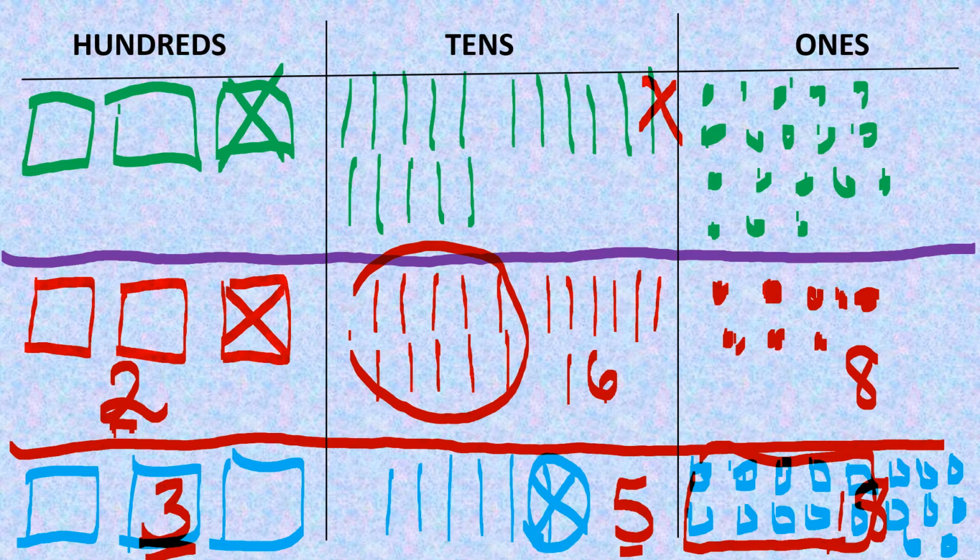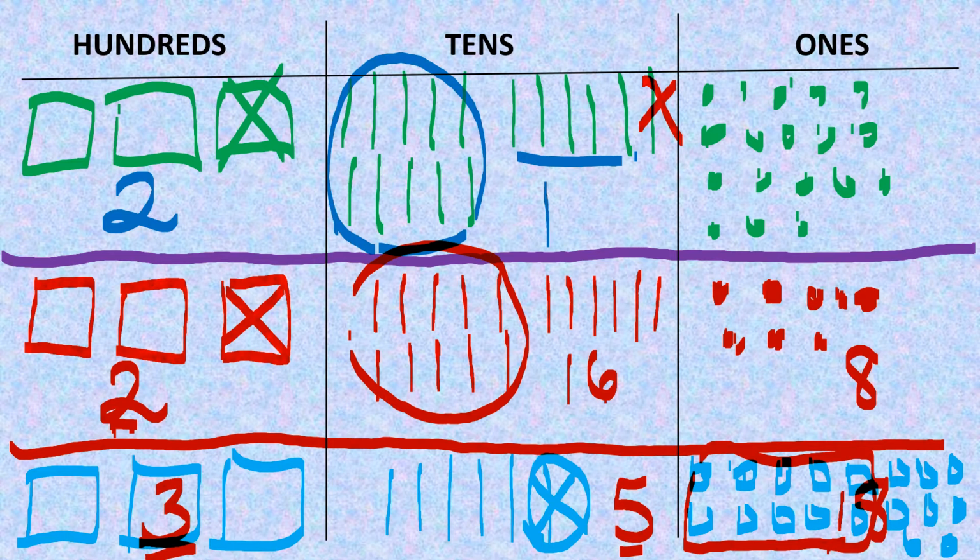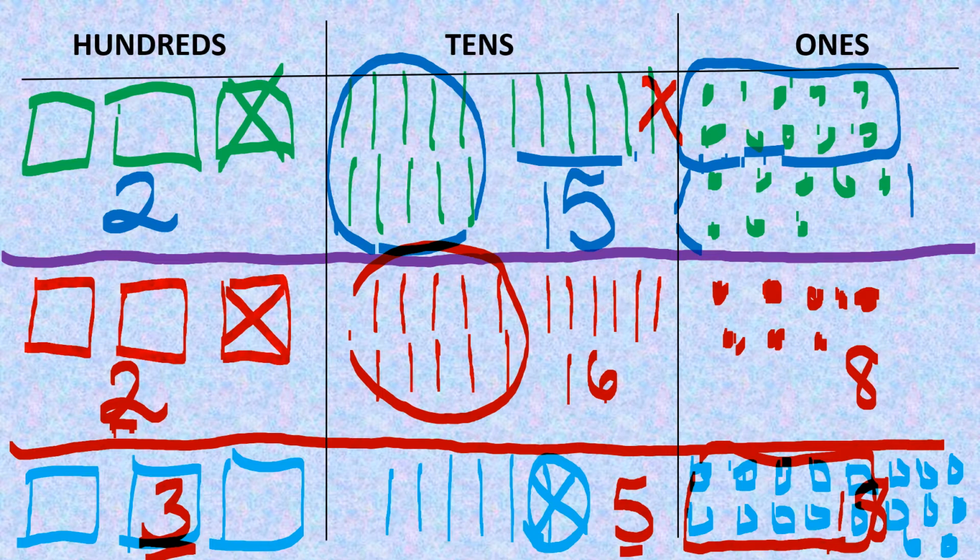So now let's see what we have this time. This time we have 2 hundreds. And how many tens do we have? Well, we know we have 10 tens here plus 5 more, so that means we have 15 tens. And how many ones do we have? Well, we know we decomposed 1 ten here to give us 10 ones, and then we have 8 more ones left over, so that makes 18 ones.